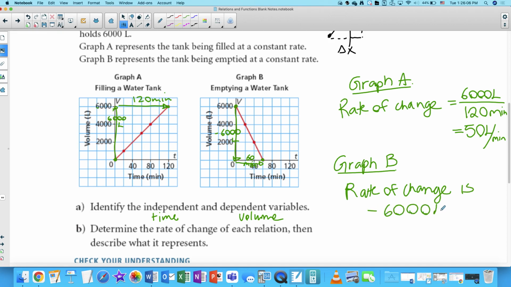And the negative value tells us that the volume is decreasing. It's decreasing at a rate of 100 liters per minute. Does that make sense? All right, so you guys try the next one.